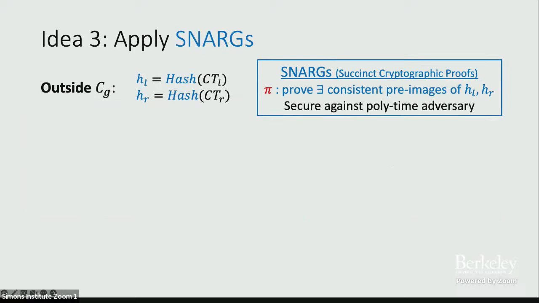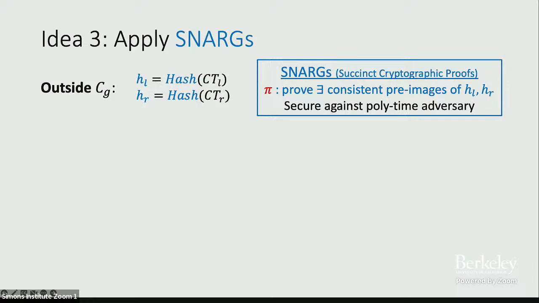So our third idea is to apply a SNARG. A SNARG is a very short cryptographic proof. This SNARG will generate a proof pi. This proof will prove that there exist pre-images of this hash function to this H_L and H_R, such that the pre-images are consistent.